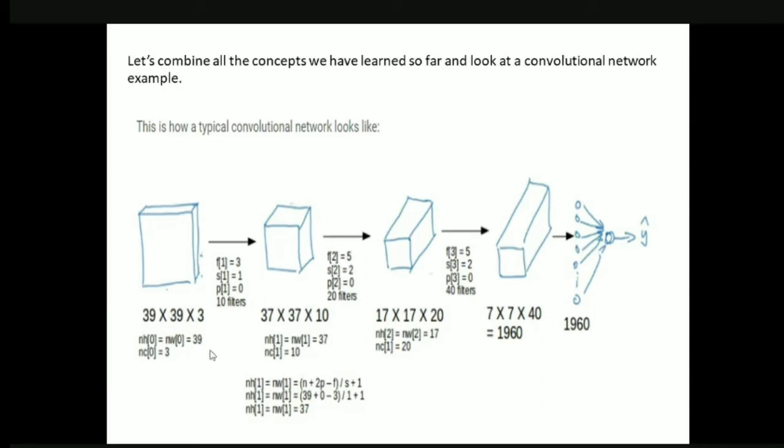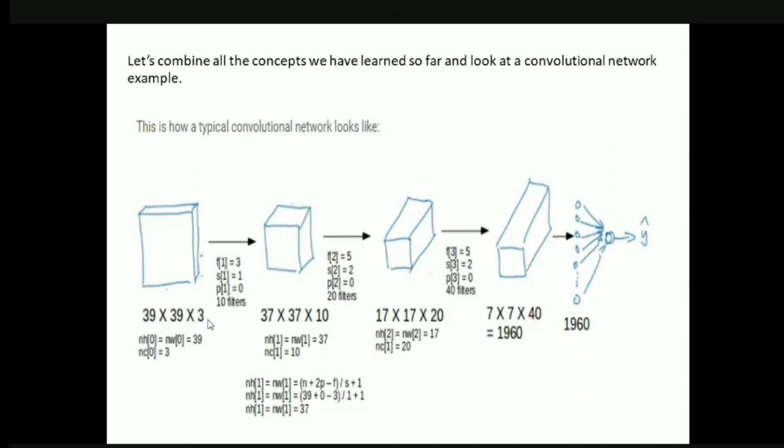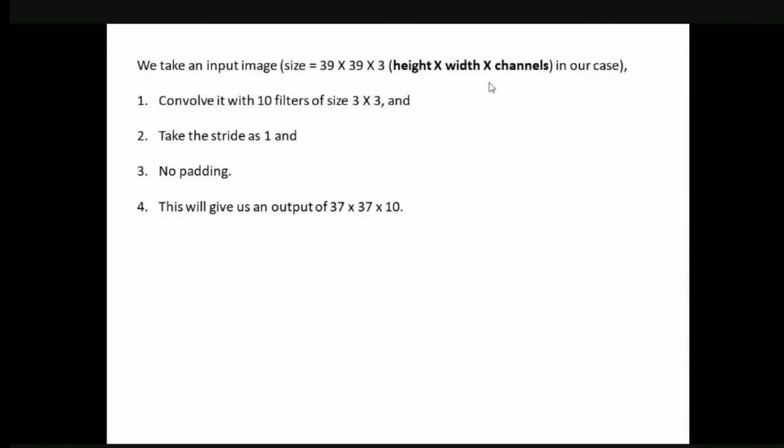Now the question is, how did we get this 37 by 37 by 10 from the input image 39 by 39 by 3? Let us solve this one first. We have taken an input image of size 39 by 39 by 3, which means height into width into the total number of channels.